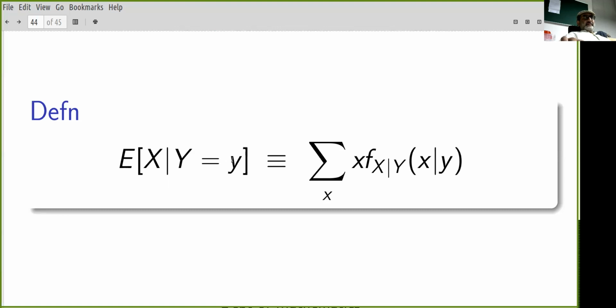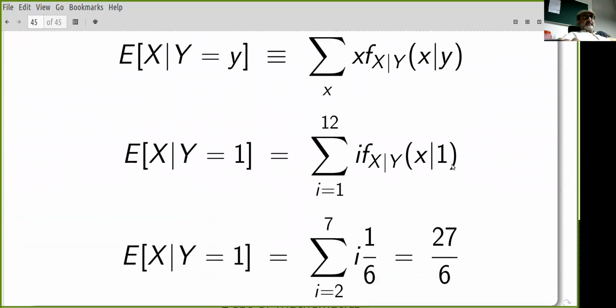If you just wanted the expectation of x, you would sum over all x times the PMF for x. If you wanted the conditional expectation for x given that y is equal to y, you would sum over all x times the conditional PMF, with y being fixed at that particular value.